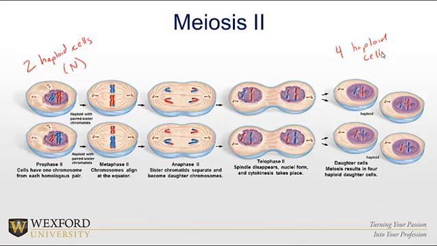The big difference is we're starting with haploid cells, and we don't need any DNA synthesis beforehand. There's no chromosomal replication. And the key is, once again, we end up with 4 haploid daughter cells. And when we're haploid, we know we're talking about those sex cells, right? This is the type of division to create the sex cells, the sperm and the eggs, spermatogenesis and oogenesis.